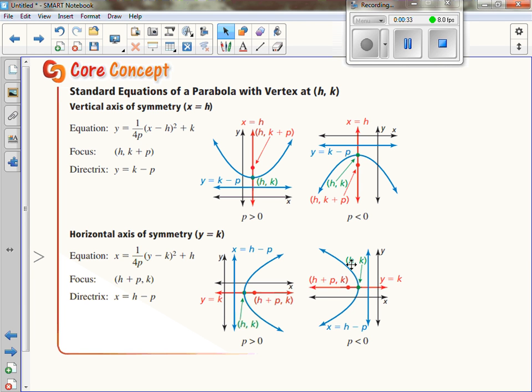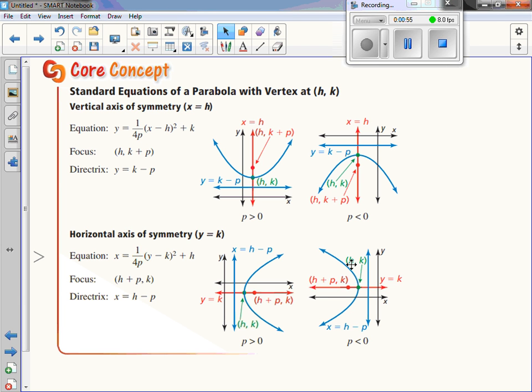Because we have 2 main equations. One of them is y equals 1 over 4p, parentheses, x minus h, close parentheses squared plus k.